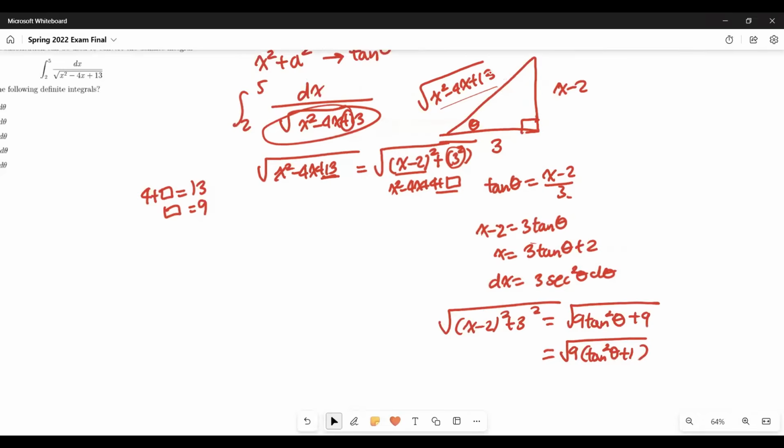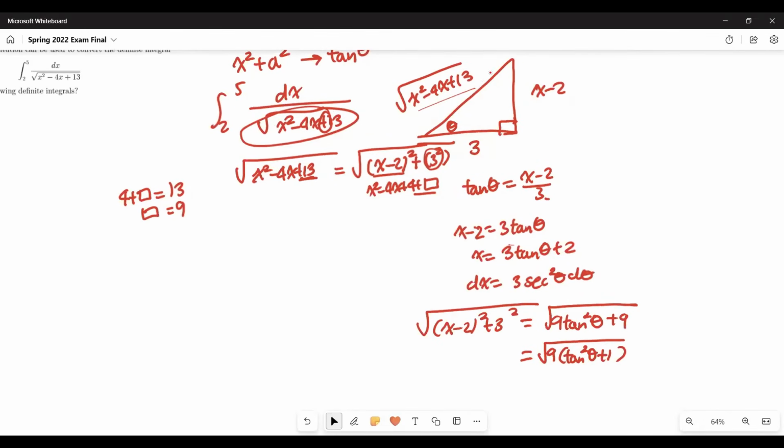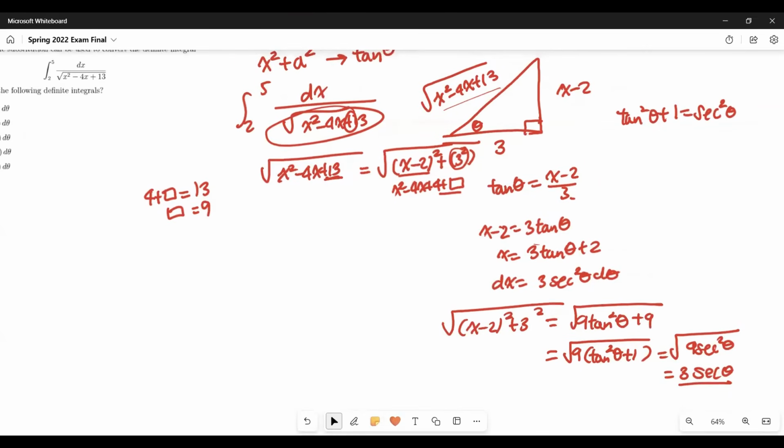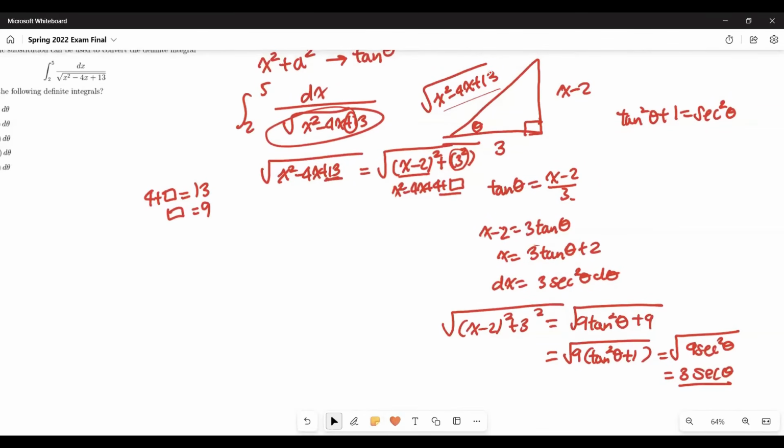If you remember your trig identities, tangent squared theta plus 1 is the same as secant squared theta. So this is going to be the square root of 9 secant squared theta, which is the same as 3 secant theta. So we have that. The 3 secant theta goes on the bottom, and then dx, 3 secant squared theta d theta, goes on the top.